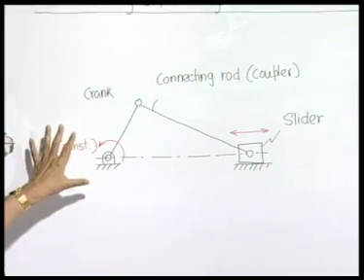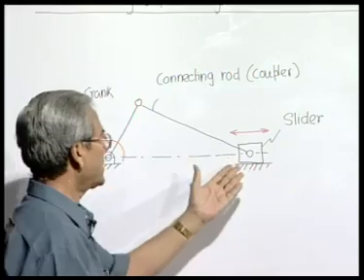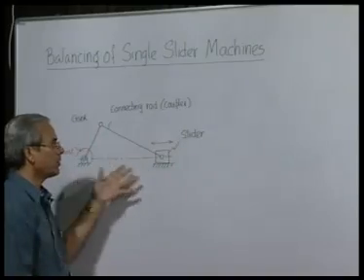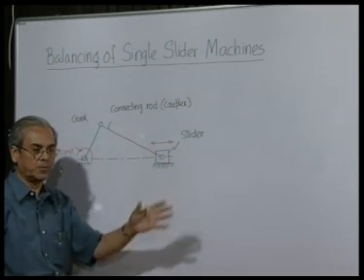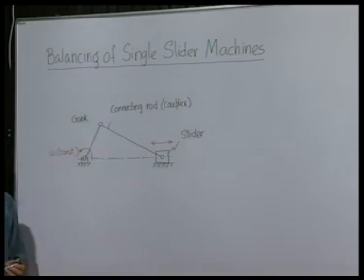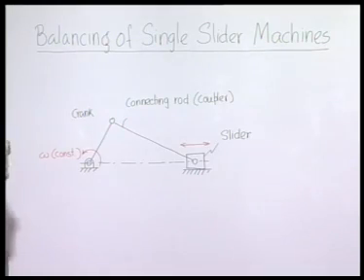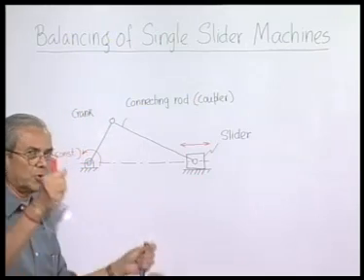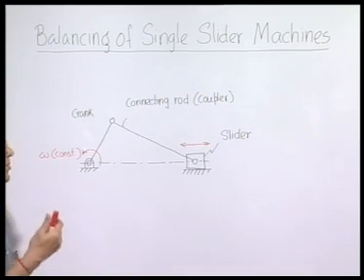So, it is a rotating body, whereas the slider is executing a pure translatory reciprocating motion. So, it is a reciprocating body, and the connecting rod, which causes the serious problem, is a general floating body which executes both rotation and also translation.